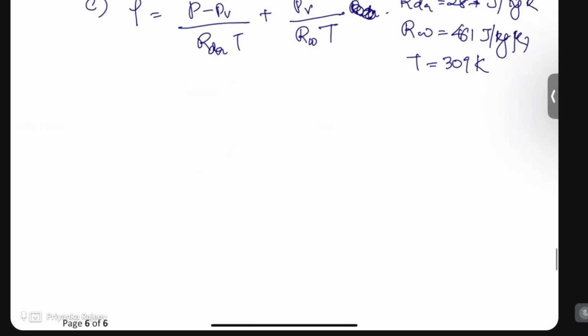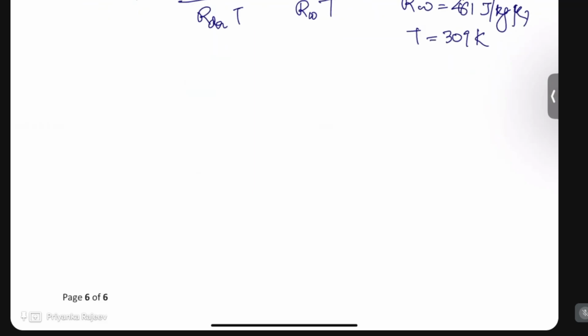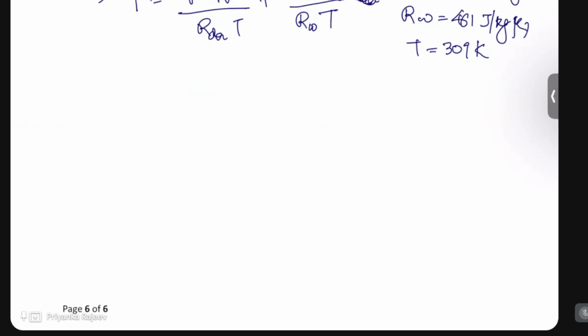These are the values. So we will be getting the dry air partial pressure. Then using that you have to calculate the density for dry air and the density for water vapor. Then the total density will be the sum of both of these.